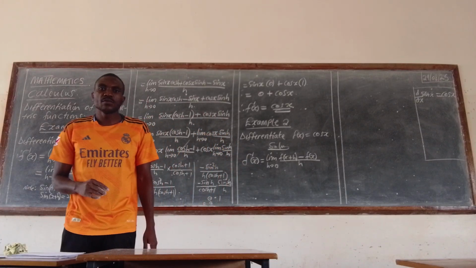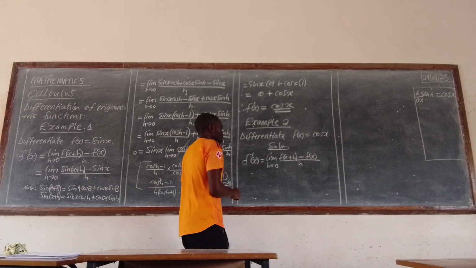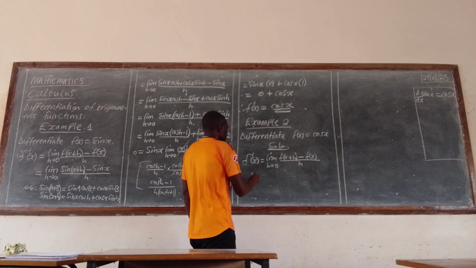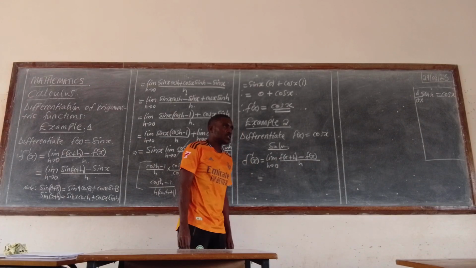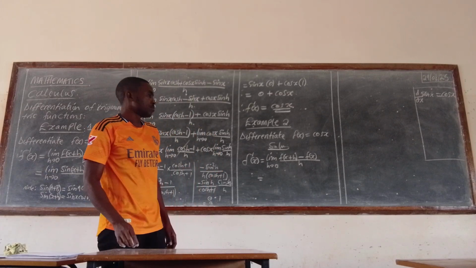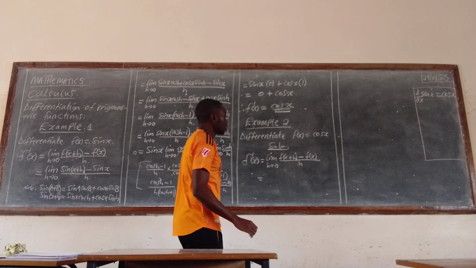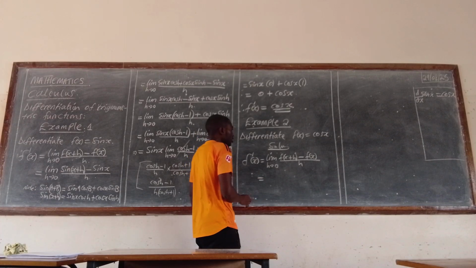Now the next stage is replacing with the function we have been given in this question. The function is cos x, our trigonometric function.